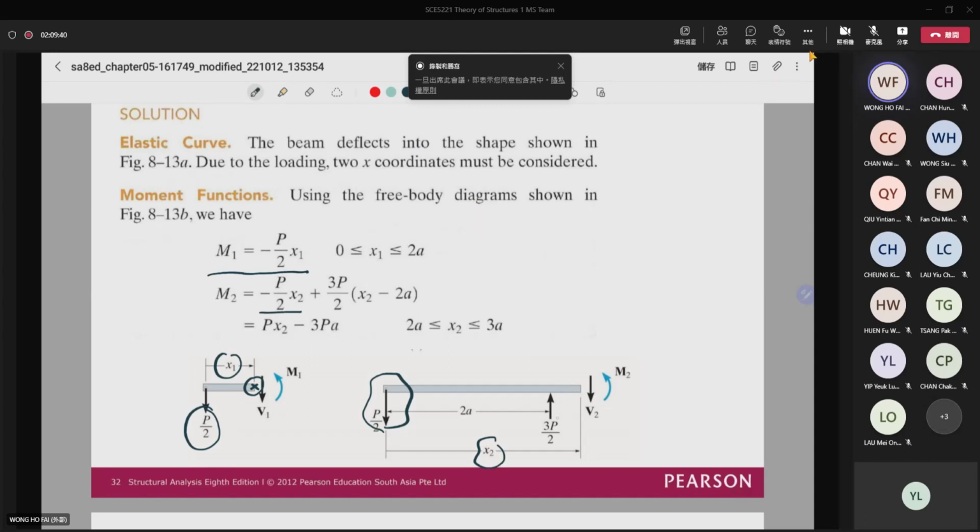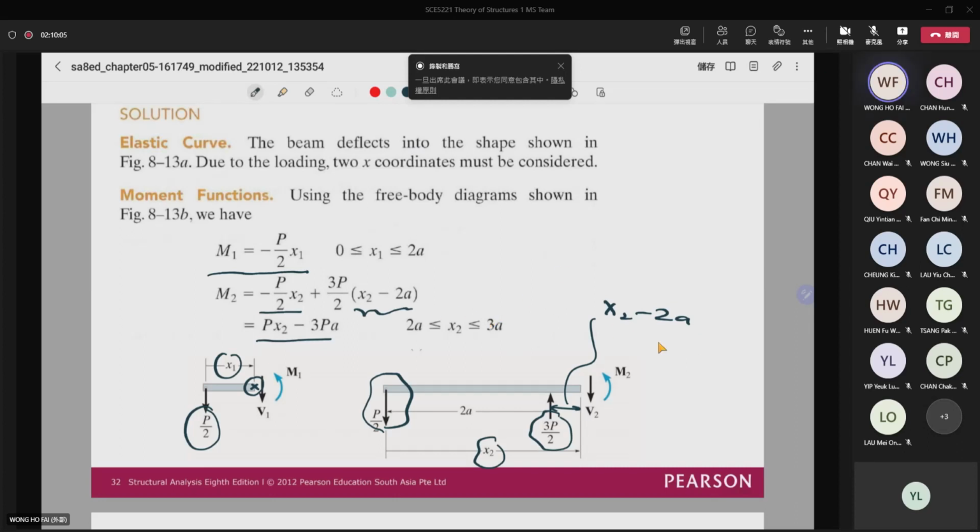And then I have a support reaction 3P divided by 2, and then times the distance here, which is equal to x2 minus 2a. So this is the moment arm. And then I can find the moment equation Px2 minus 3Pa.